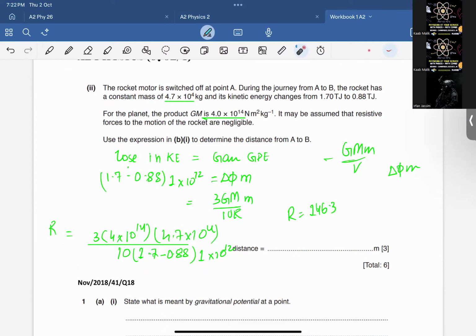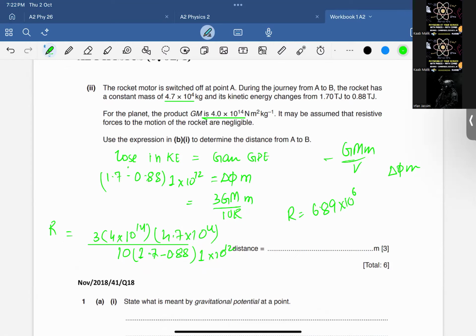Then I'm getting 6878048. Can you tell me in standard form, please? 6.9 into 10 to the power 6.